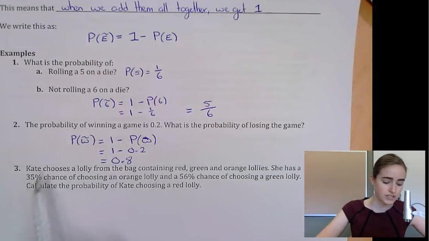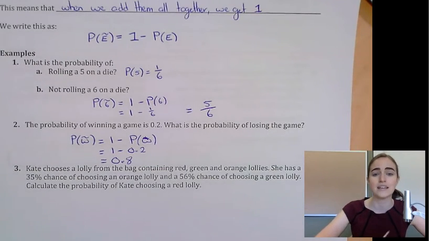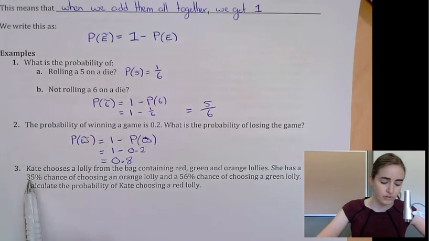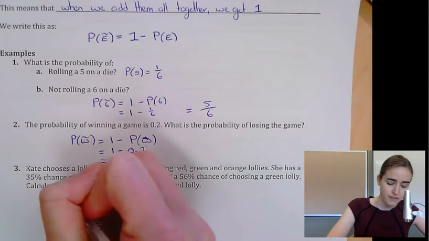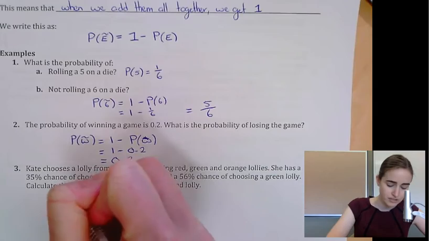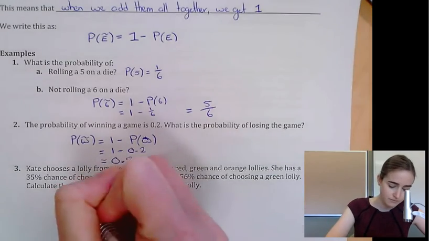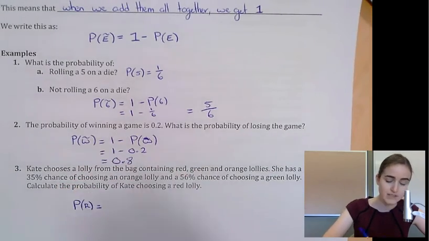All right, the last question says, Kate chooses a lolly from a bag containing red, green, and orange lollies. She has a 35% chance of choosing an orange lolly and a 56% chance of choosing a green lolly. We want to know the probability of Kate choosing a red lolly. So we've got these other two probabilities. So the probability of her choosing red is going to be whatever's left over.